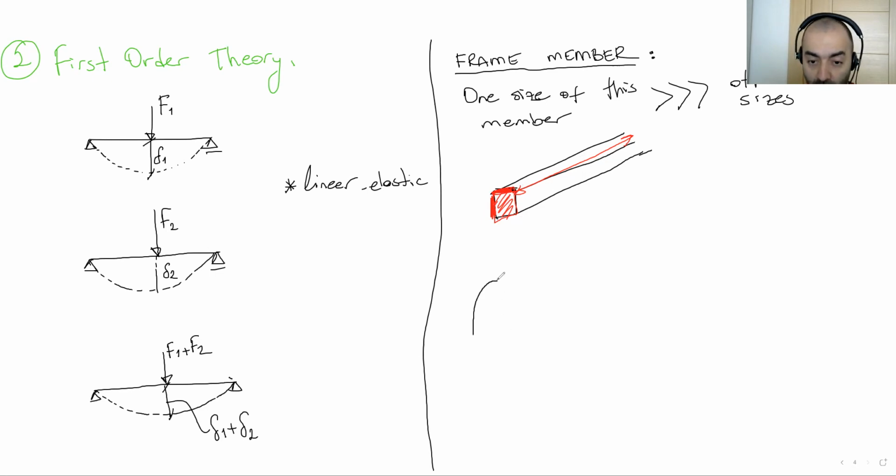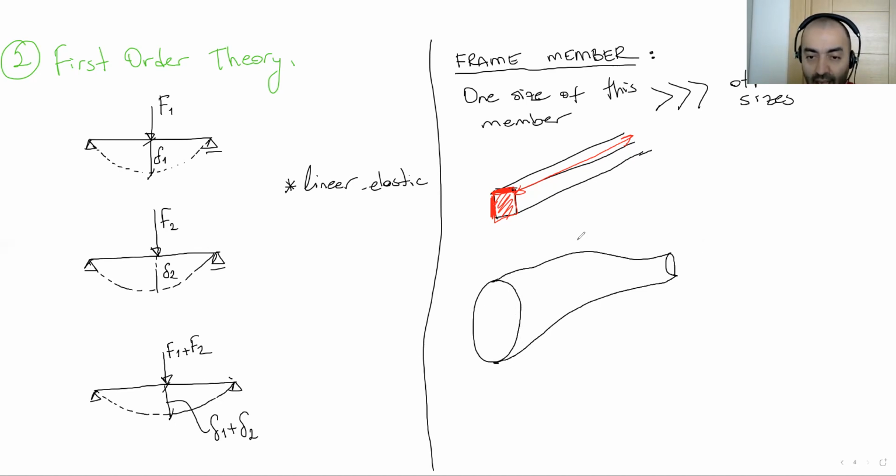Okay, how do we idealize these frame members in our structural system? For example, if I have a member, let's say this is a circular section. Also, there is a circular section here at the end. This is our arbitrary structural member.